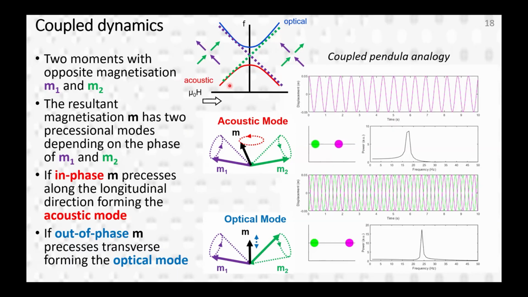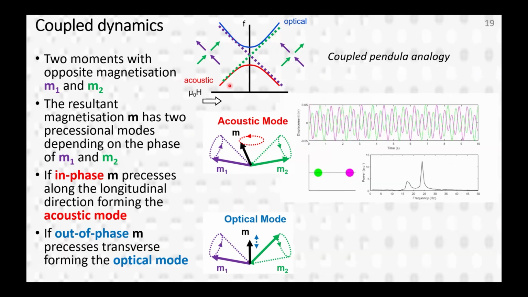When they oscillate in phase, they form this acoustic mode. But if they oscillate out of phase, they form this optical mode. And then if they're strongly coupled, there will be a gap between those two modes. We can define this normalized coupling rate as the gap frequency divided by the upper frequency.